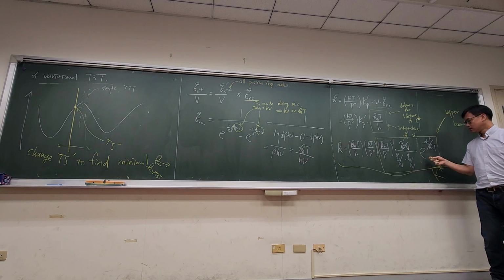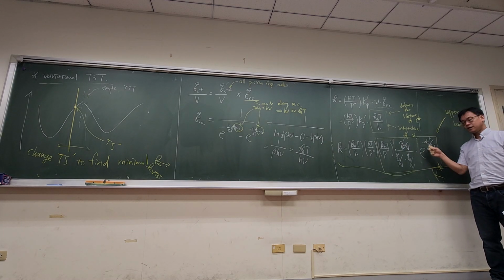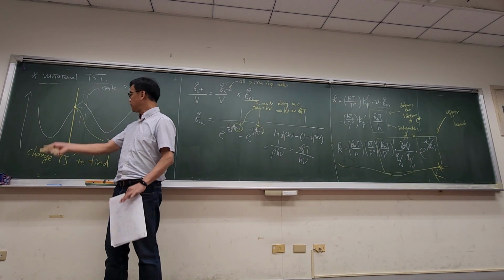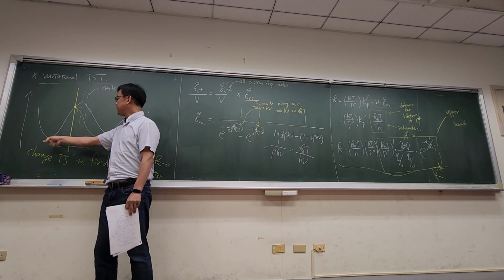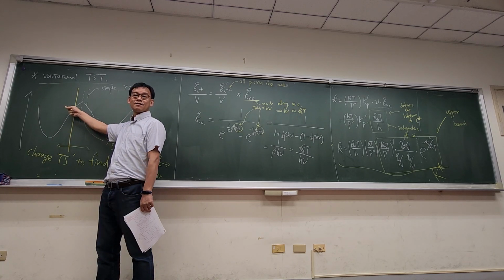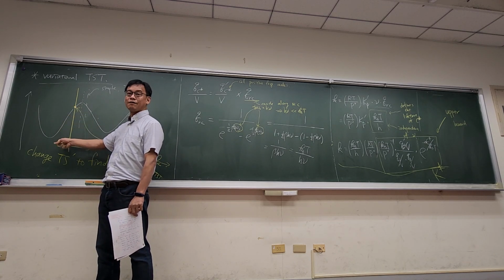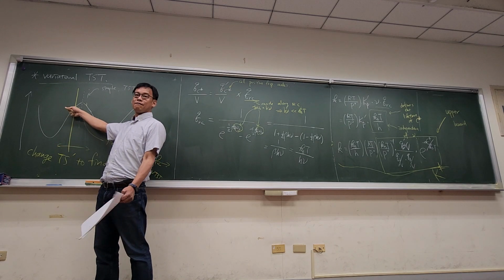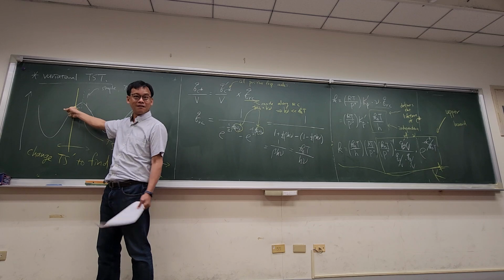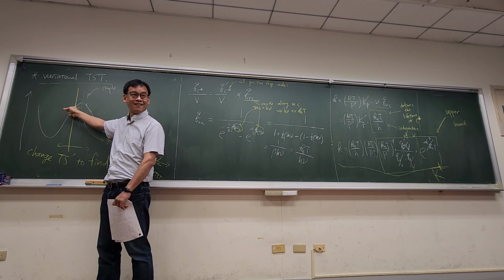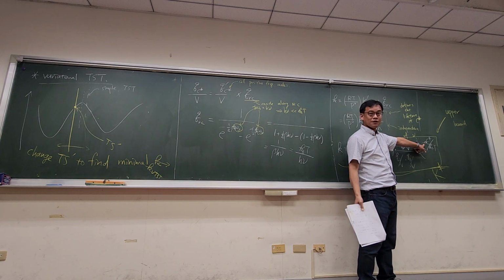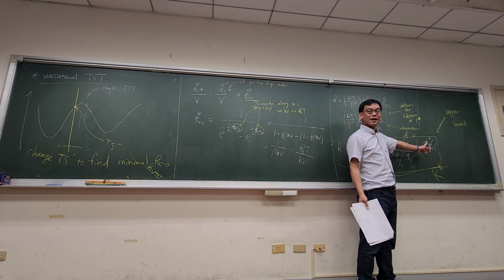So this is the electron energy part. Your intuition will be, you go to here, it will be easier to get here. The activation energy is smaller, right? So you should have a higher rate. How come it will be slower? Because when you decrease the activation energy, the rate should be higher.